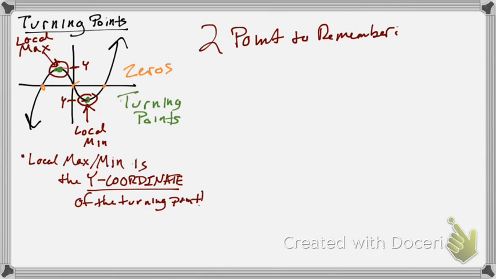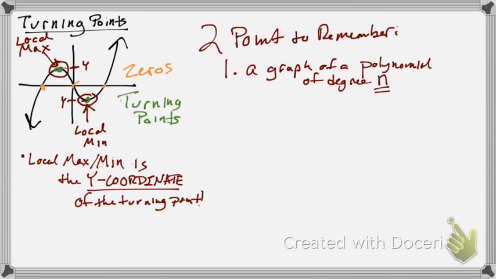First of all, number one, a graph of a polynomial of degree n will have at most n minus 1 turning points.